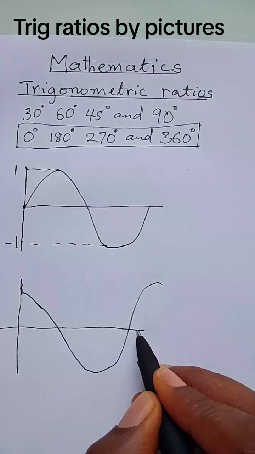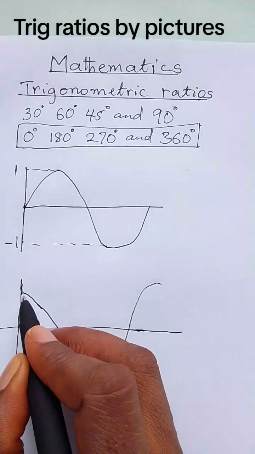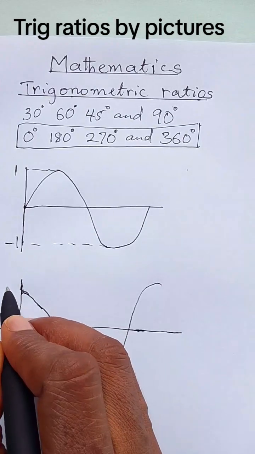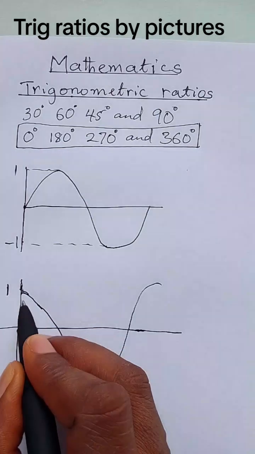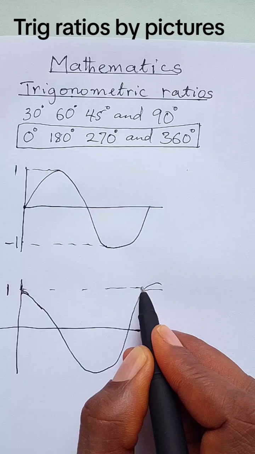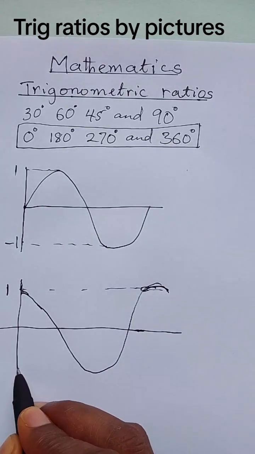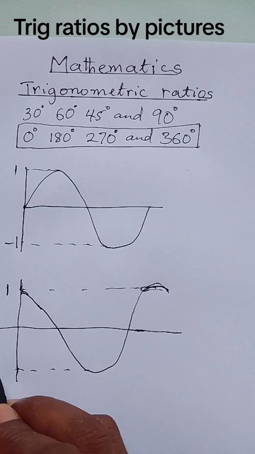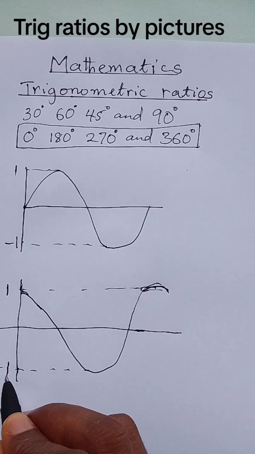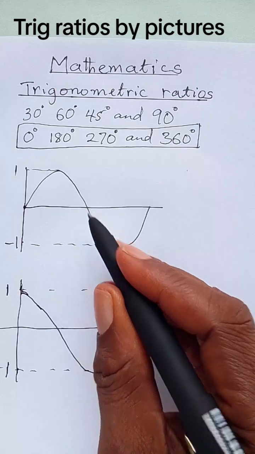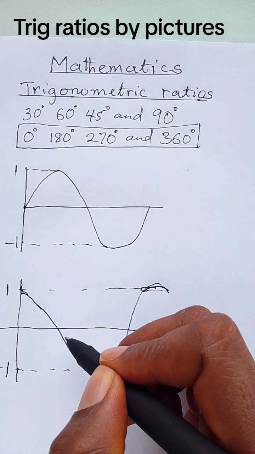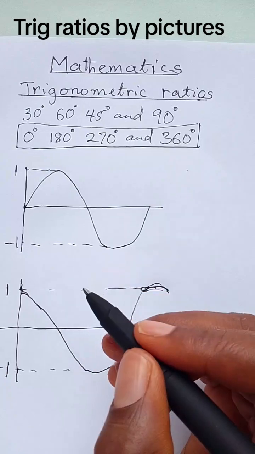Here it's just an approximate diagram, not drawn to scale. The maximum is 1, and our minimum point is -1. Now, which of these graphs represents the sine and cosine graph?